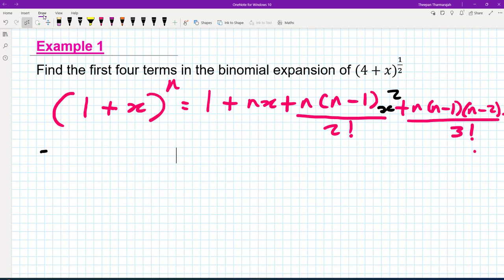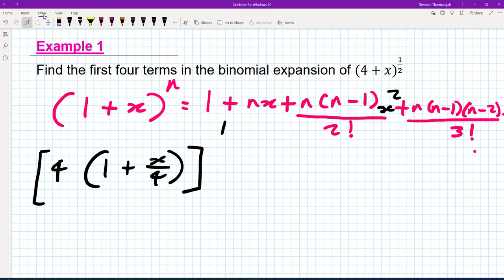So what we do, we open a square bracket. We take a factor of 4 out. And we could write that as 1 plus x over 4, which is an equivalent expression, all raised to the power of a half.